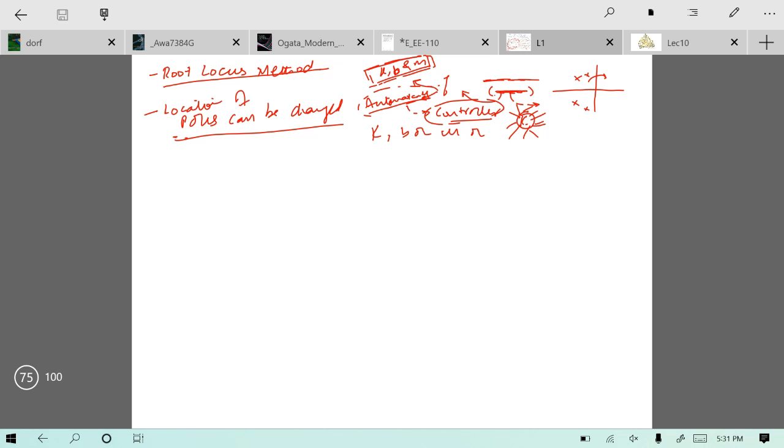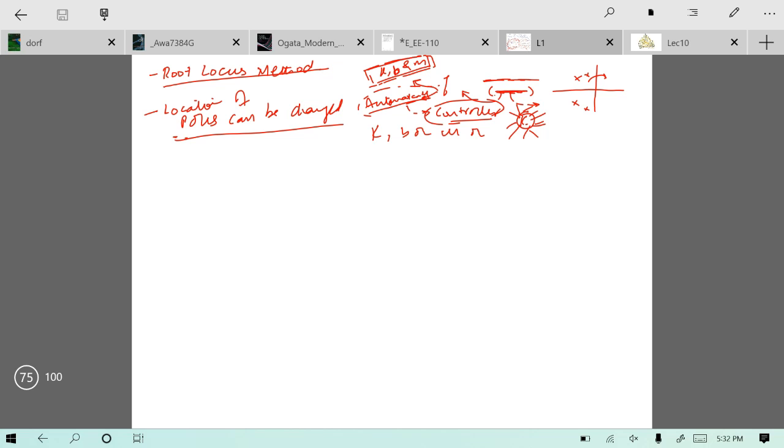So if you are changing the location of poles yourself, you shouldn't change k or any variable parameter to an extent that the pole moves to the right half plane.